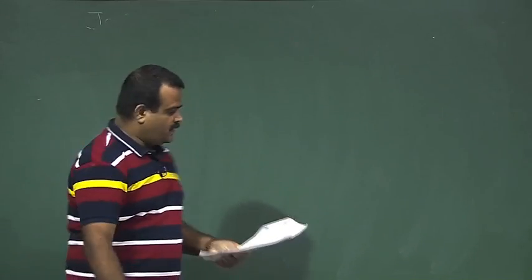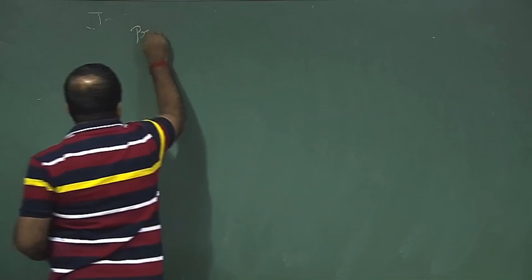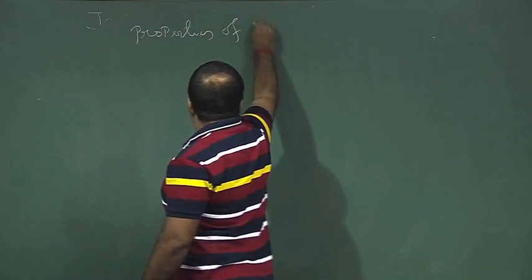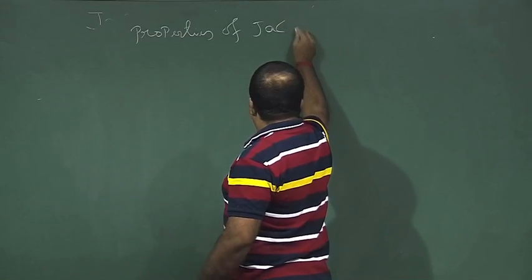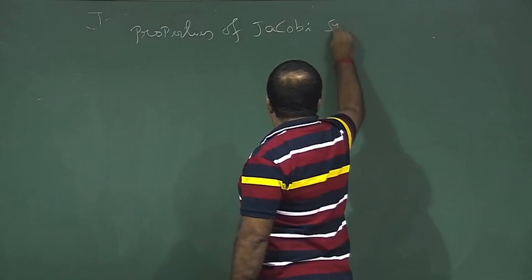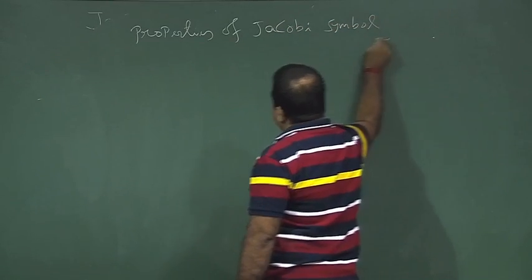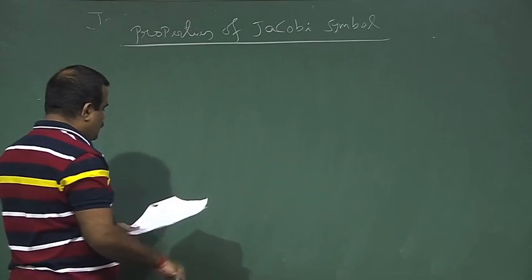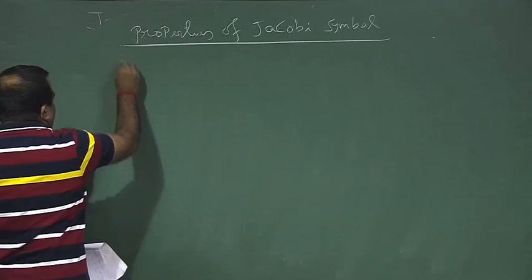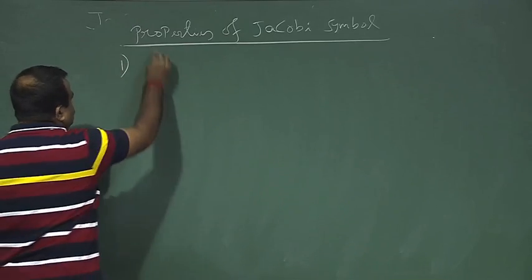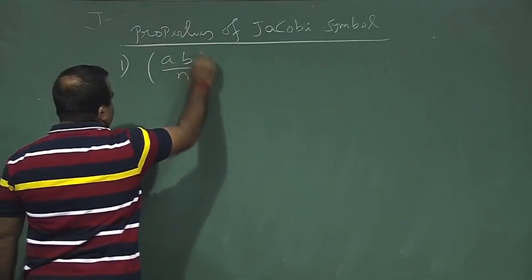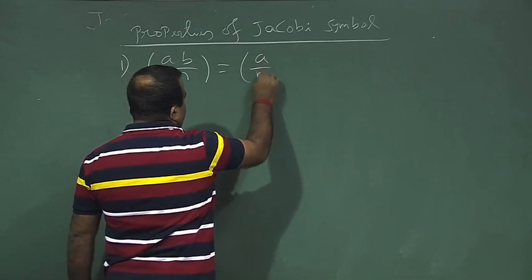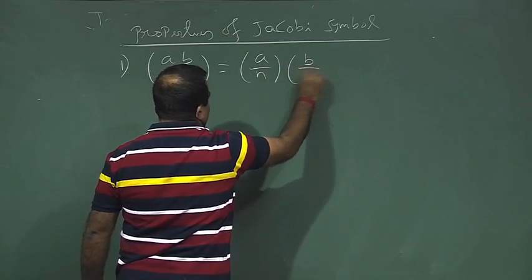So, these are the properties of the Jacobi symbol. Like the first property, we can write (ab by n) is equal to (a by n) times (b by n).